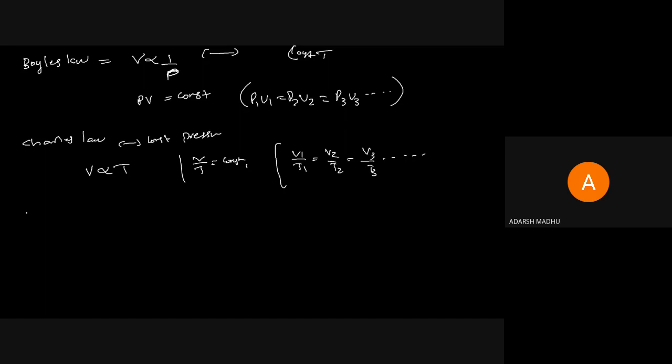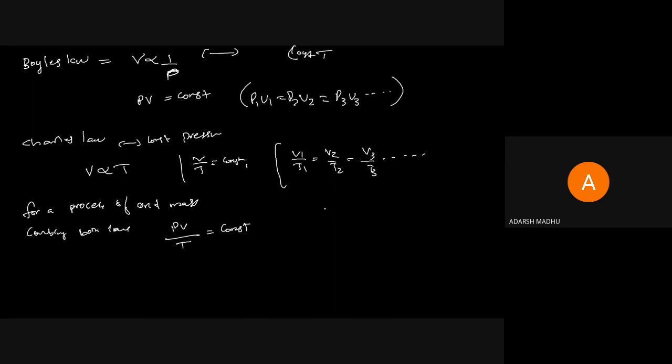So for a process of unit mass, by combining these two laws, we can write PV by T equal to constant.